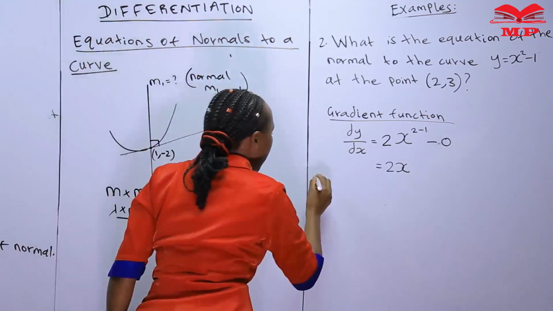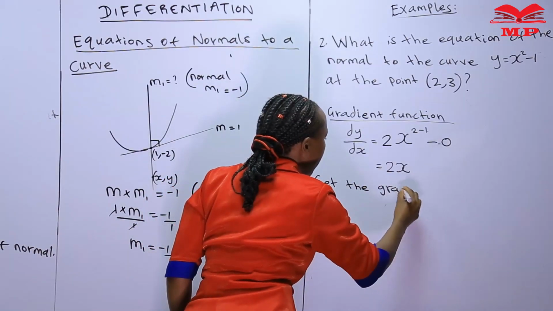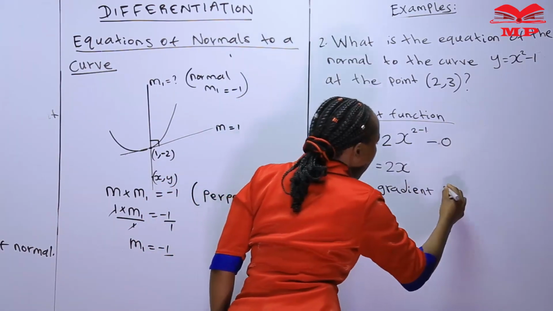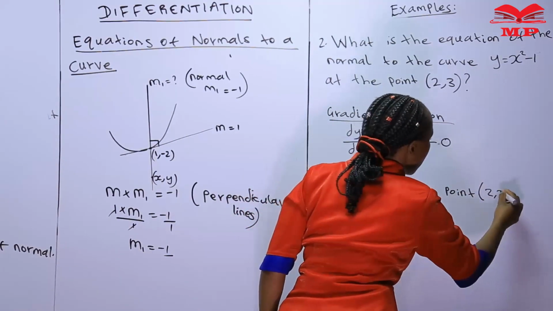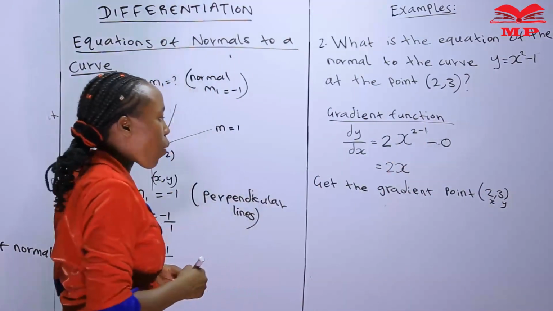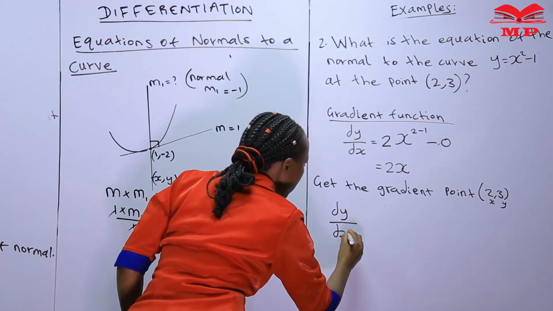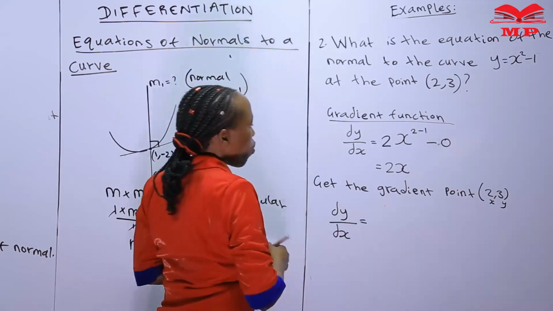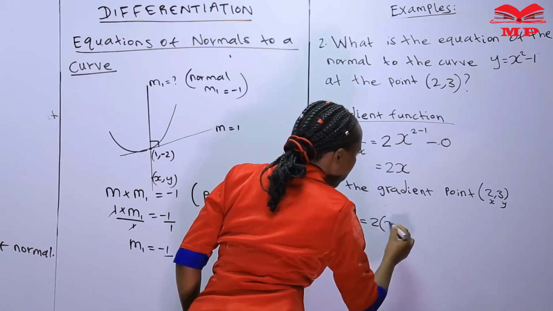Then we get the gradient at the point which we are given as 2, 3. So we have the coordinates x, y. Our dy/dx, which is now the gradient, will be equal to 2 multiplied by the value of x, which is 2.